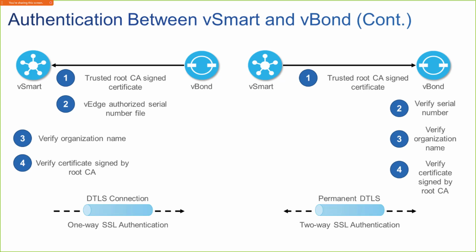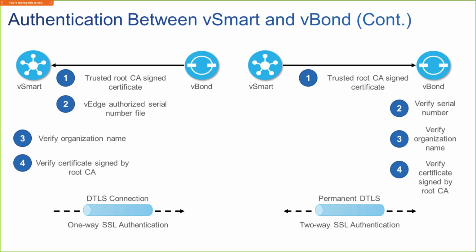Specifically, it uses the vEdge and the vSmart serial numbers, the vEdge chassis numbers, and then when we batch, if we have a batch of vEdge routers that get shipped out, the manufacturer actually will send you a text file that lists all of the serial numbers of those vEdge routers and chassis numbers. So you can actually import that information through the use of a template, which we'll talk about later on, without having to capture that information yourself.